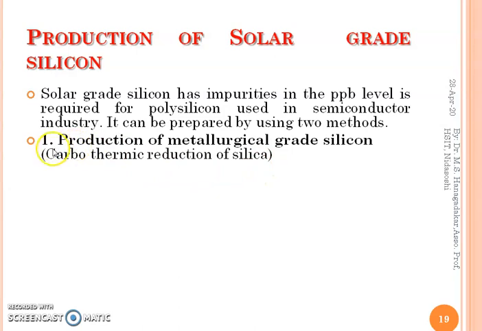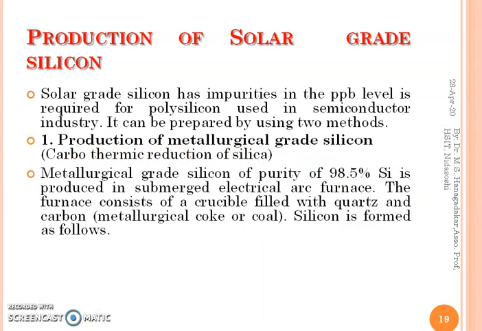Let us begin with the first step, the production of metallurgical grade silicon, which is the carbothermic reduction of silica. Here, the metallurgical grade silicon we get from industry is 98.5% pure silicon, and it is produced in an electric arc furnace.